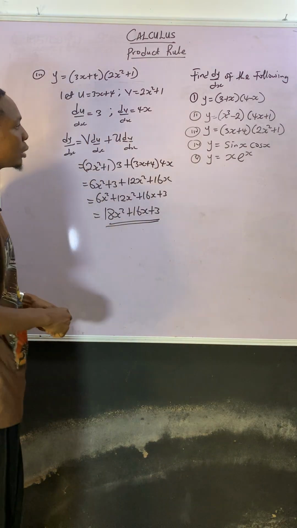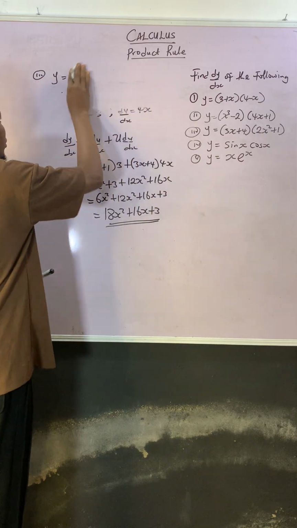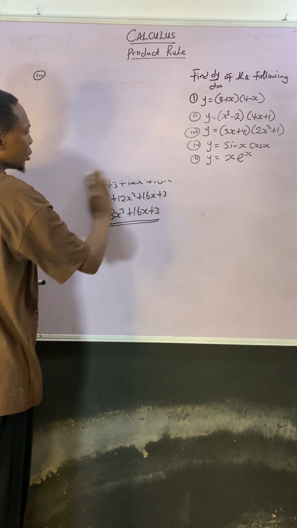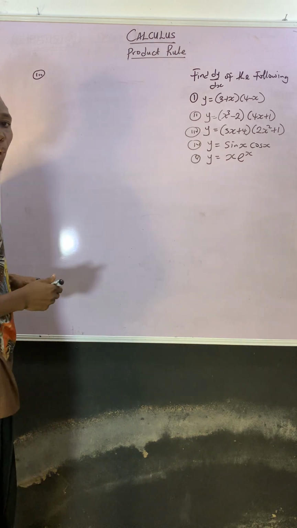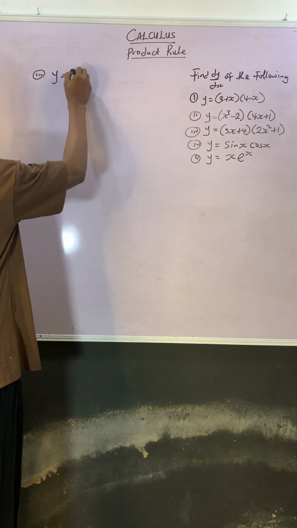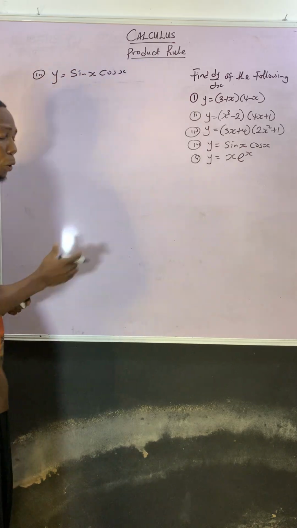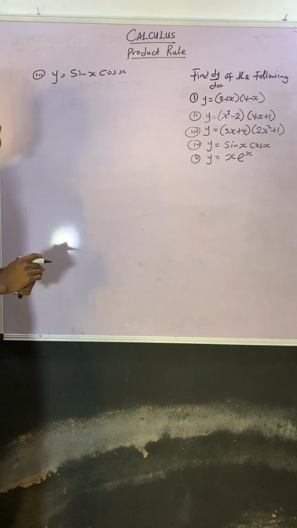So the next one is question number 4. For question 4, we have y equals sin x cos x. So what do we do? Assign a variable to both of them.